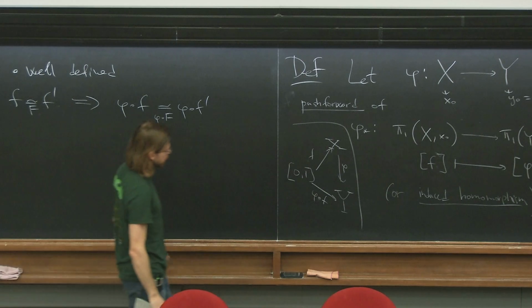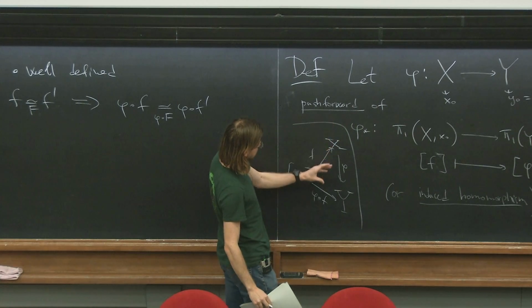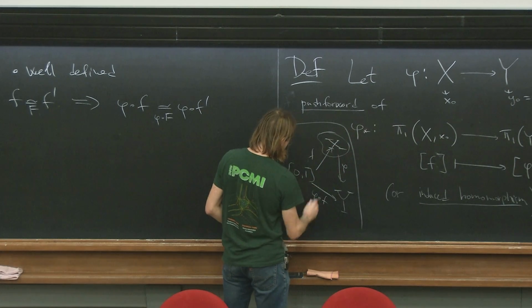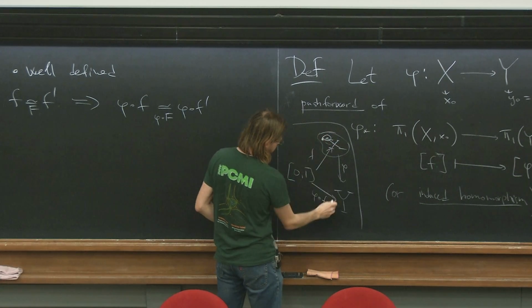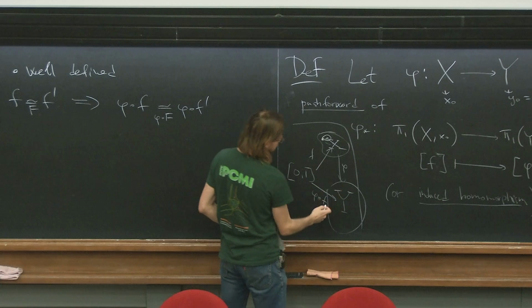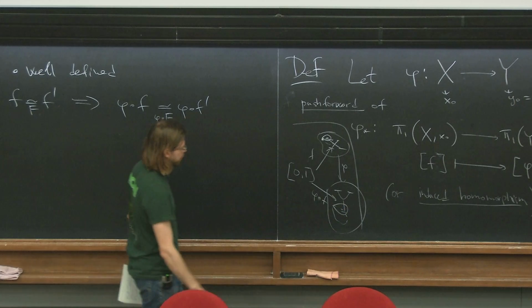So if we deform, informally, this loop f in X, and compose this deformation with phi, we get a continuous deformation in Y.